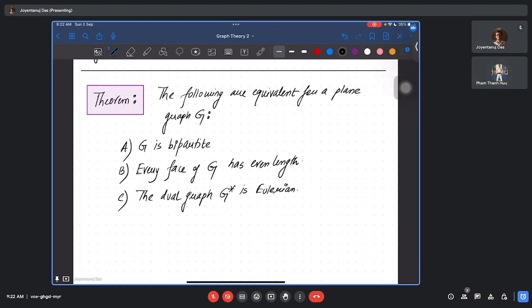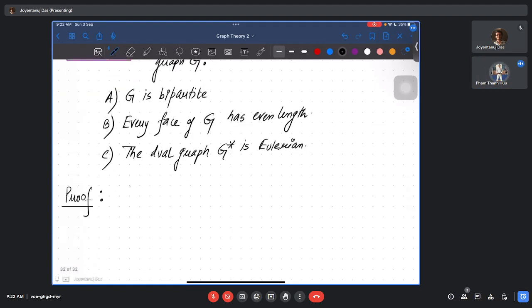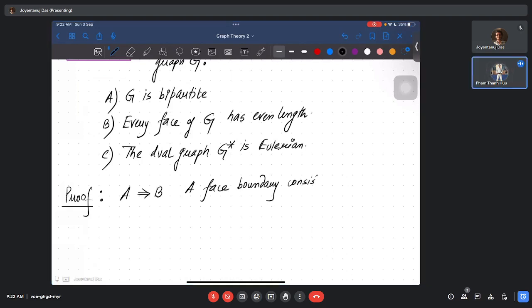This implication is easy, that A implies B. So let us see that. In a bipartite graph, we know that there is no odd cycle, right? So to prove A implies B, a face boundary consists of a closed walk, right?